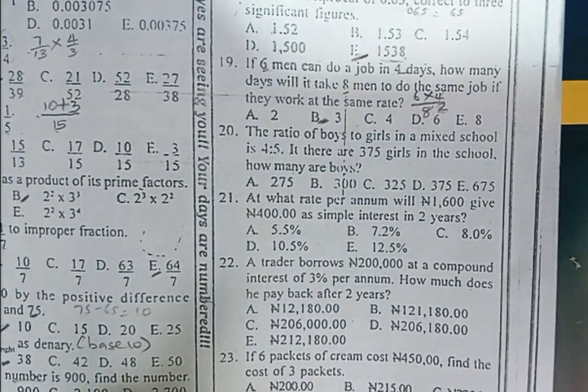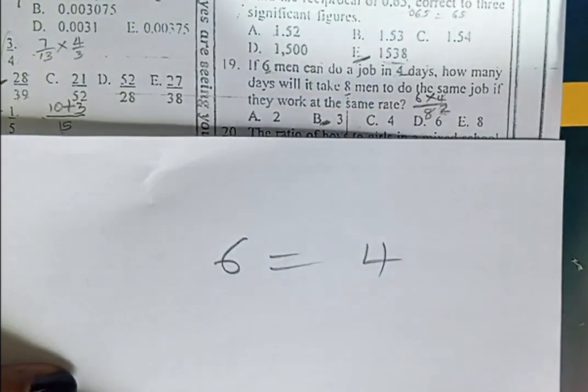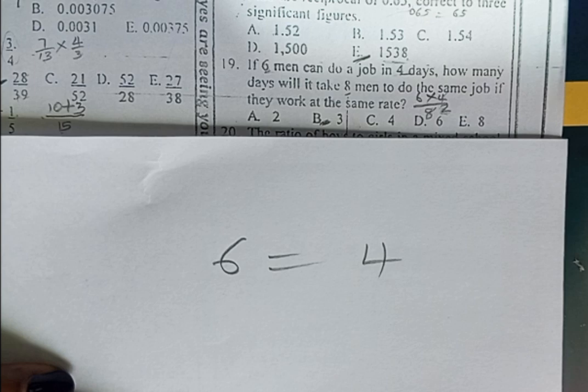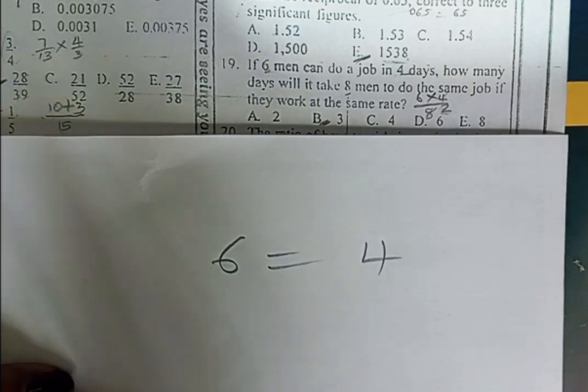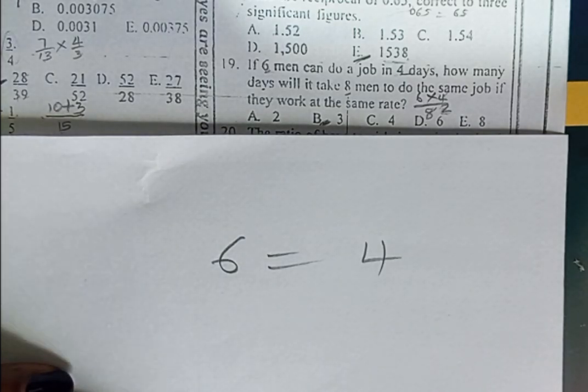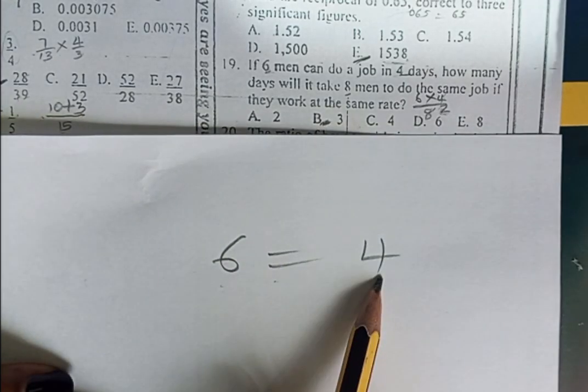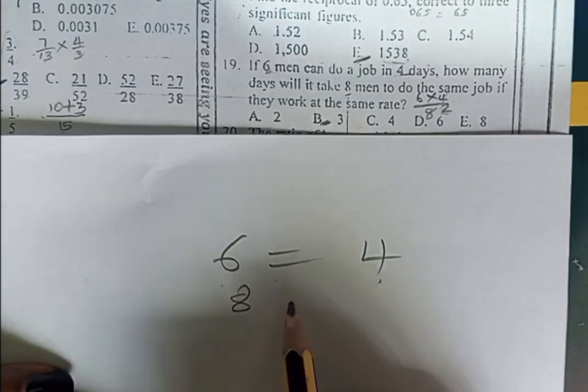Another way of doing it is to say 6 did it for 4 days. In case of theory, maybe you want to show your workings in a proper way so that it will be clearer to the person marking your work. So we can say 6 men go for this, then 8 men go for this.